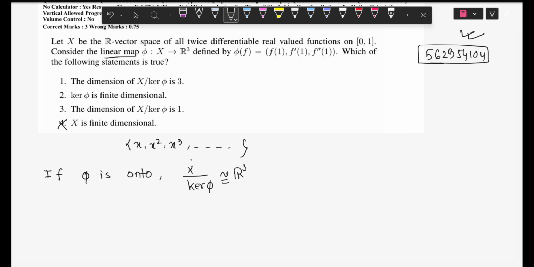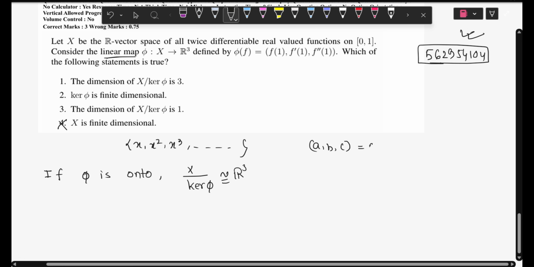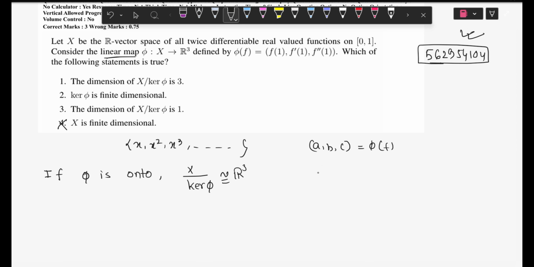If I can show phi is onto, इसीलिए मैं पहले जो देखूंगा कि phi onto होगा या नहीं होगा। So to check phi is onto or not, first I am just taking an element (a, b, c) from R3 and I'm checking is there any f such that phi of f is equal to (a, b, c) or not, where (a, b, c) is an arbitrary element of R3। Now phi of f equal to f of 1, f dash 1, f double dash 1, this is equal to (a, b, c) or not। So I need to find a twice differentiable function f that gives a at the point 1, f dash 1 gives b, and f double dash 1 gives c.